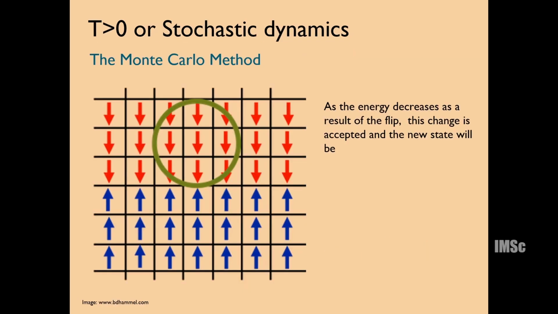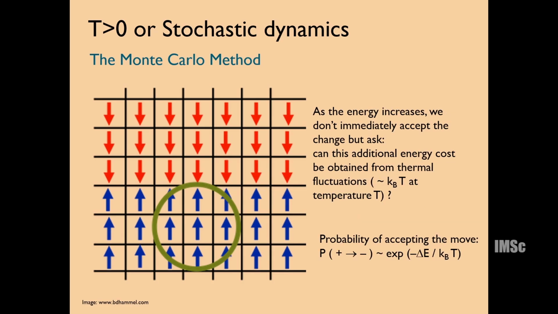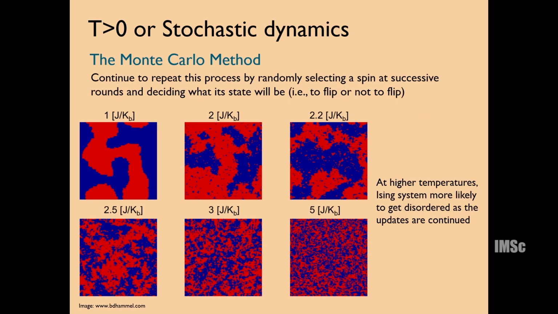Okay. So you basically look at a spin and you ask, is the energy change greater or less? If the energy change causes it to go to a lower energy state, you accept that move. If it is greater, then you accept it with some probability, which depends on the energy difference and the temperature. So in this way, as you gradually increase the temperature, you can go from something which is very well ordered to something which is completely fragmented.